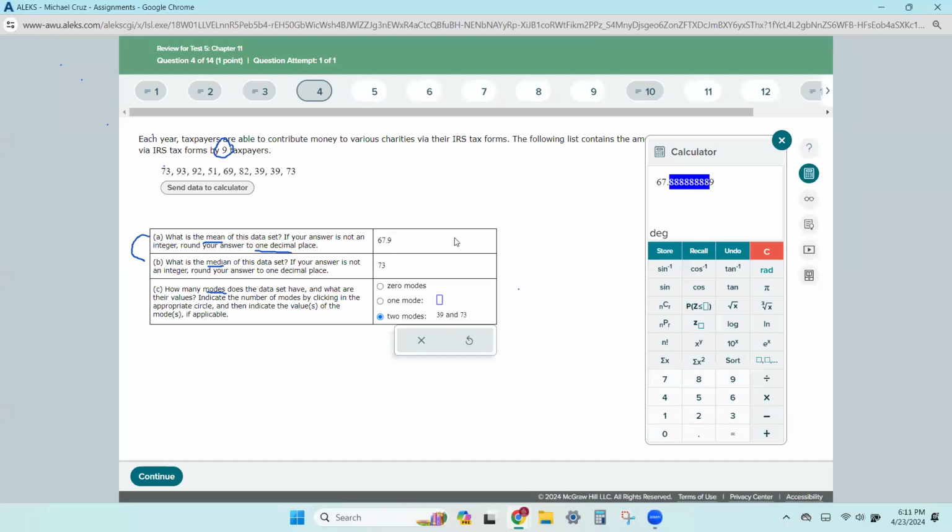You got to add up those. And I just tried to do it the most efficient way. And that's why I did B and C first. Because for B, you have to have them sorted. For C, it helps to have them sorted to see the repeaters. And then for the average, for the mean, you got to add them up.